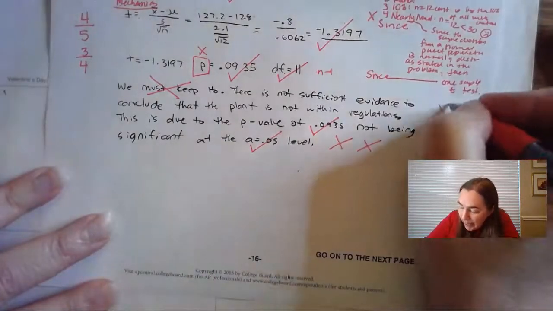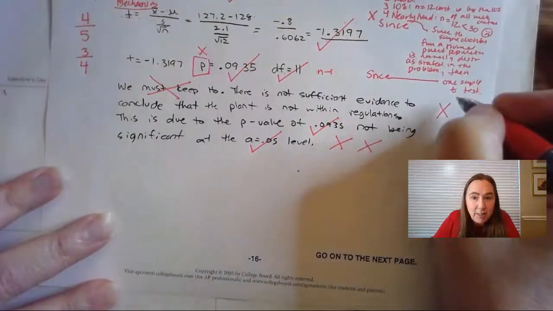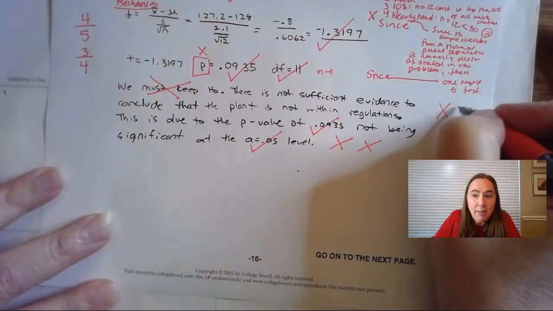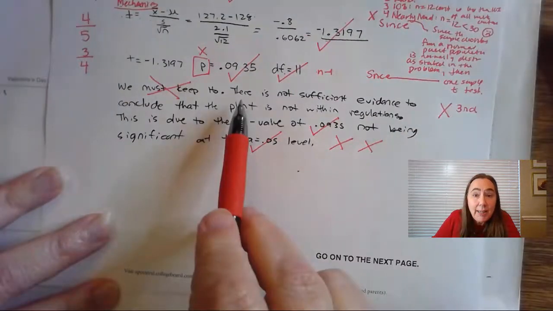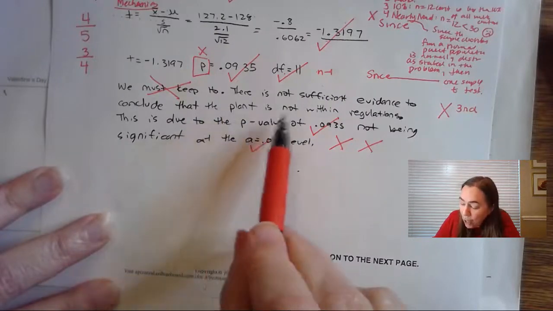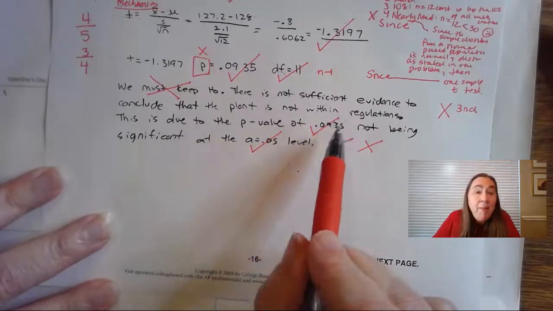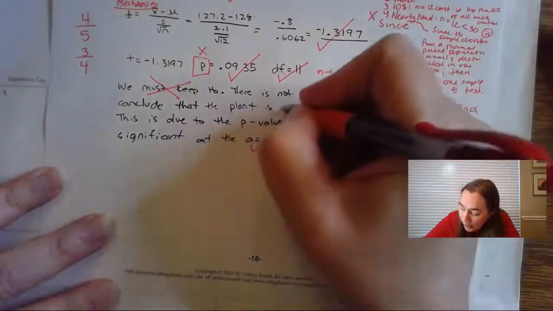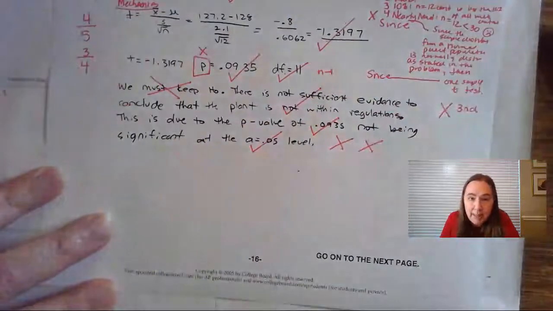So I'm going to put an X right there, so that's going to be the third sentence. They say that there is not sufficient evidence, there is no evidence to conclude that the plant is not within regulations. They are restating the question, so they are going to get a check for the fourth sentence.